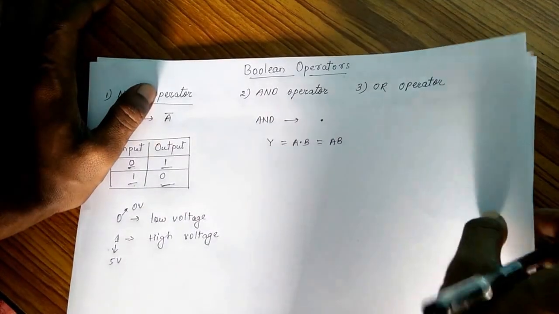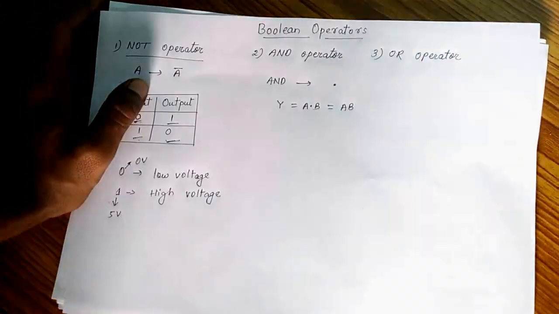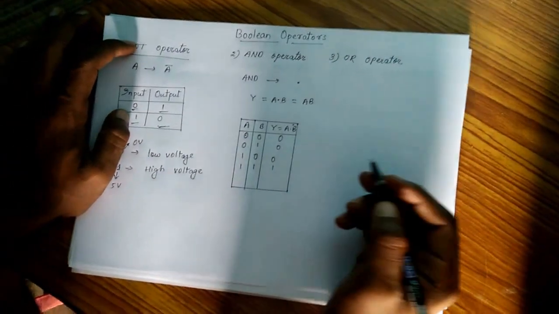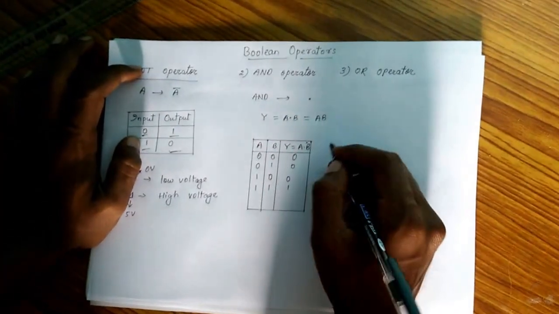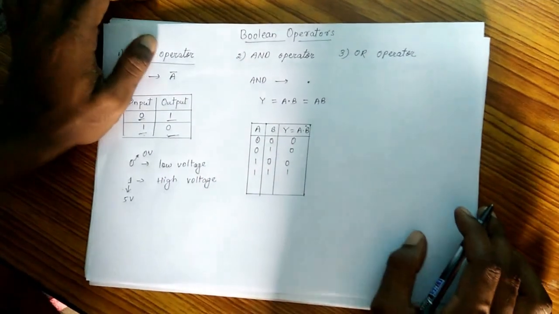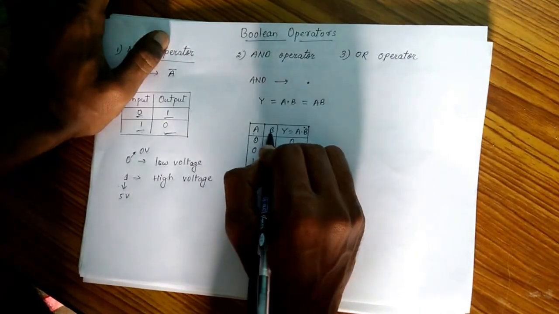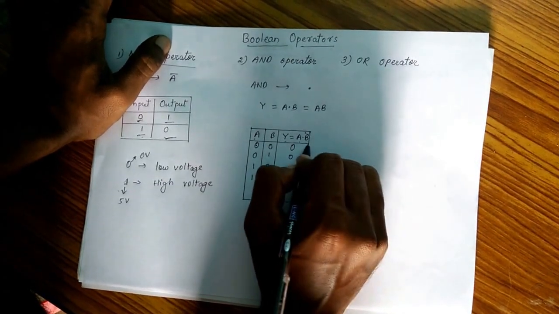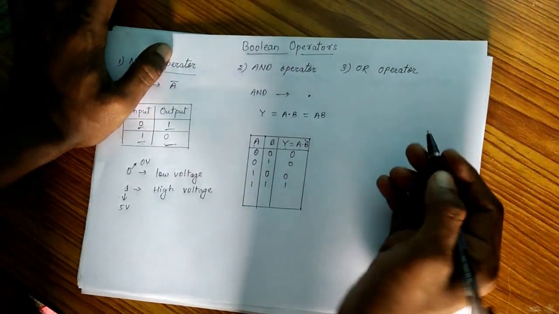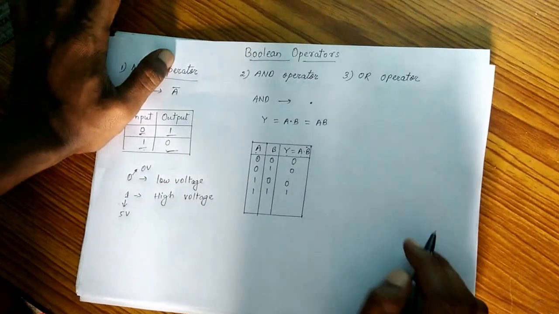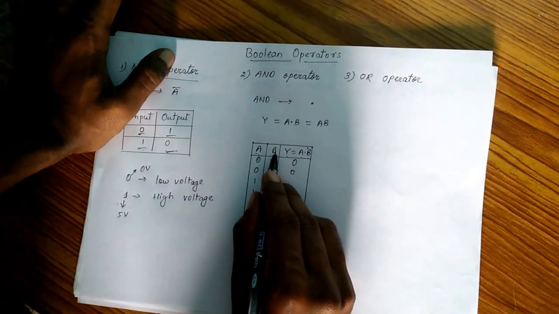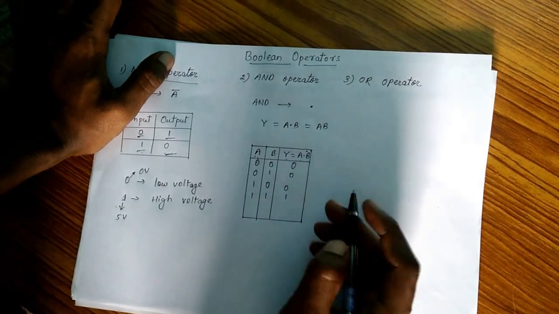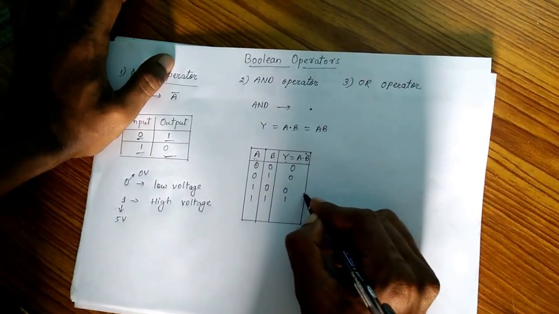Now let's see how the AND operator works. You can understand the AND operator from this table. You can see in this table there are two inputs A and B, and the output is A dot B, that means the AND operation between A and B. Now if any one of the two inputs is 0, that means low voltage, then we get the output as low voltage.